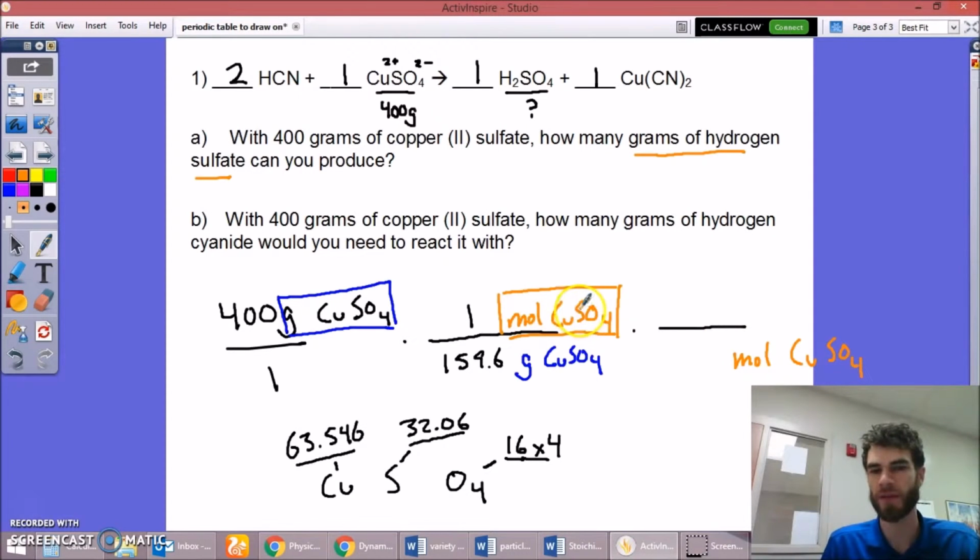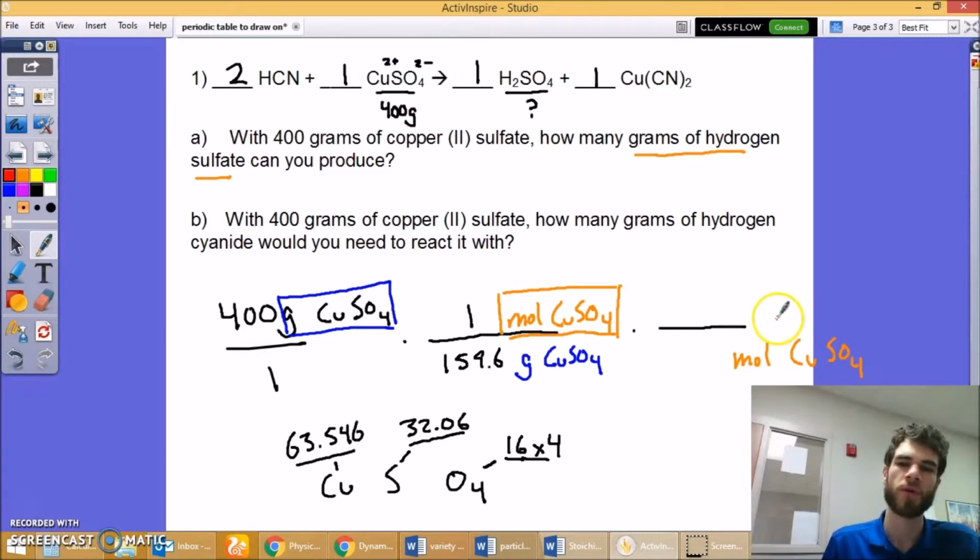So we have moles of copper 2 sulfate here. Okay. Now we can think, where can we go from this to help us get to our goal of grams of hydrogen sulfate? Well, we've got to convert into hydrogen sulfate, right? So we can use the molar ratio. We can go moles of one thing into moles of another. Moles of hydrogen sulfate.